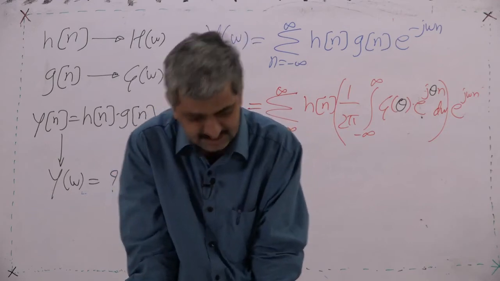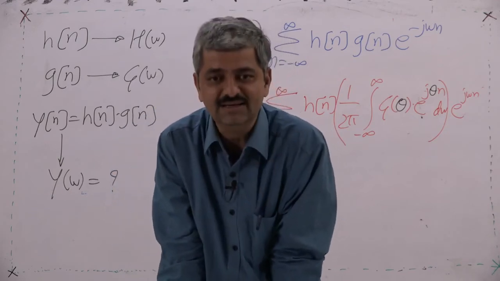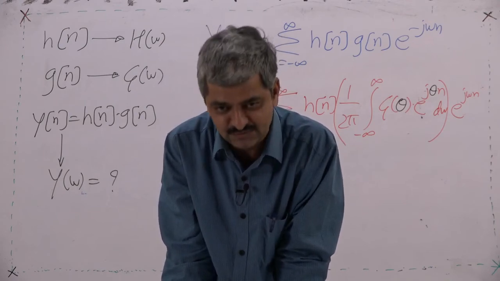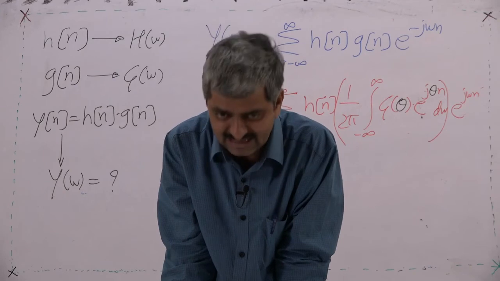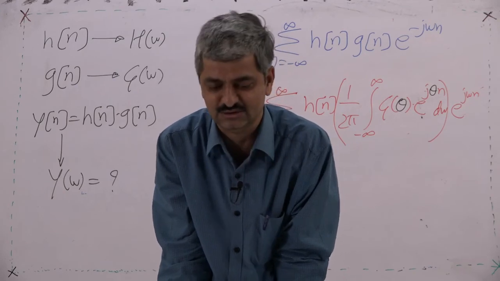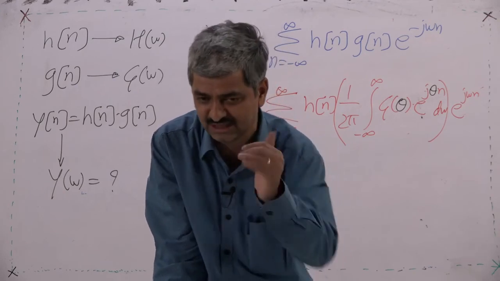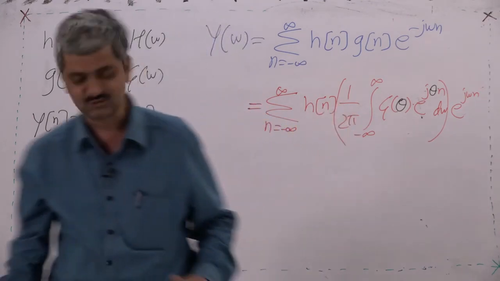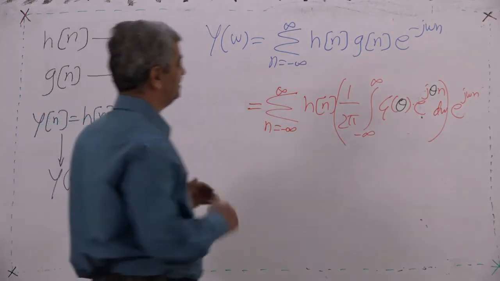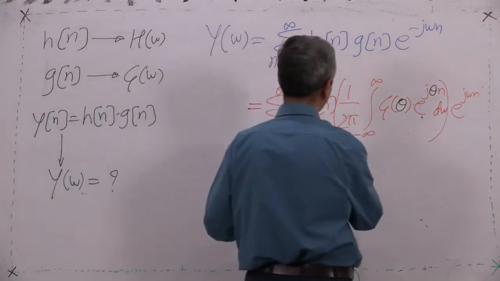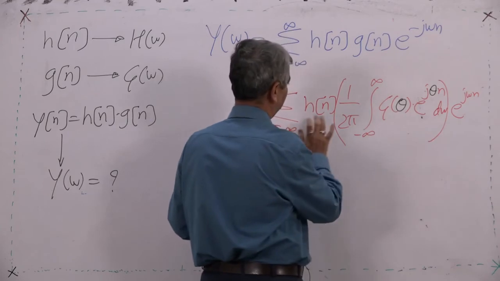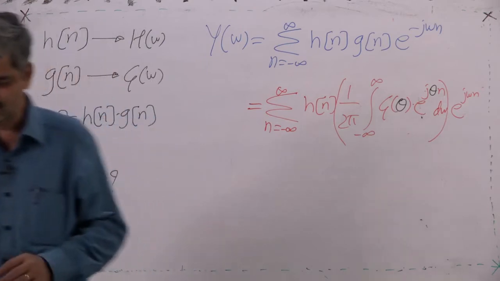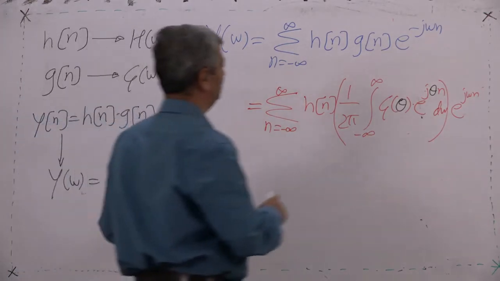DTFT is nothing but the transform of a discrete sequence into a continuous function of any variable, not necessarily omega. If you use omega in both, you will not get the answer, so we have taken theta. Once we take theta, the interesting thing is that this 1 upon 2 pi can instantly come out.